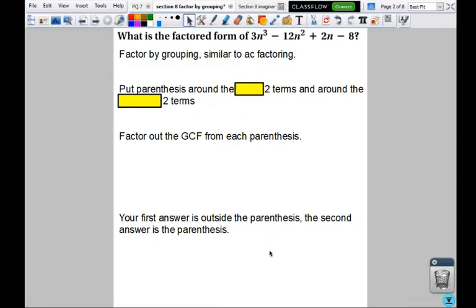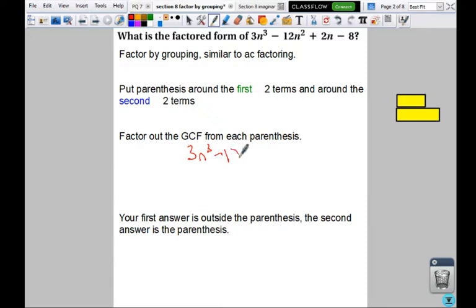So, what we're going to do is called factoring by grouping, and it's similar to AC factoring, but we're basically going to start at step 3. We're going to put parentheses around the first 2 terms and around the second 2 terms. So let me just rewrite it so I got a little more space here. 3n^3 minus 12n squared plus 2n minus 8.